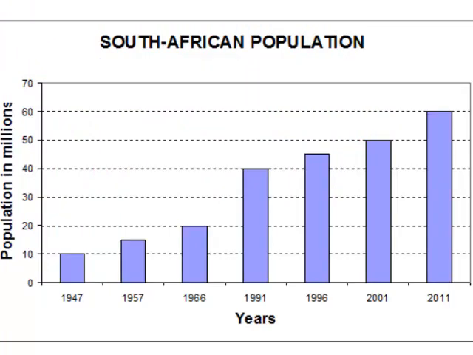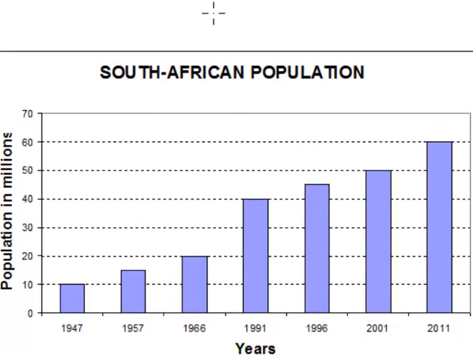This is a bar graph that shows the growth of the South African population since 1947. Although the bar graph does give an indication of the trend, remember when we refer to trend, we're talking about the pattern.